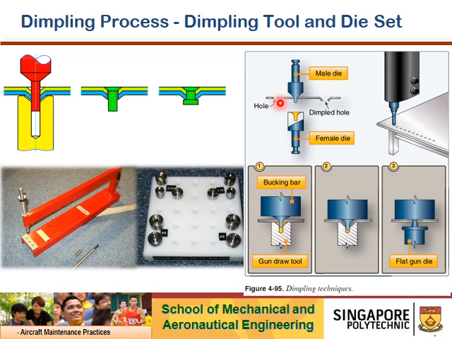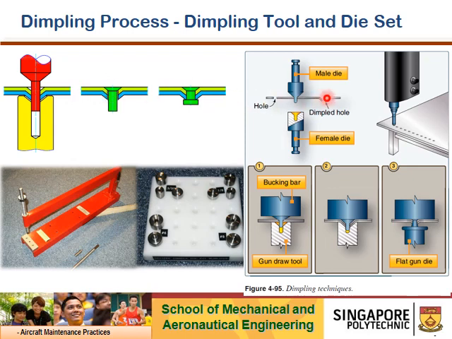Looking at this, this is the hole you're supposed to drill. Then you have a male and female die, and with the compressive loading you will create this dimple on the sheet metal. This is where you can install your countersunk rivets.